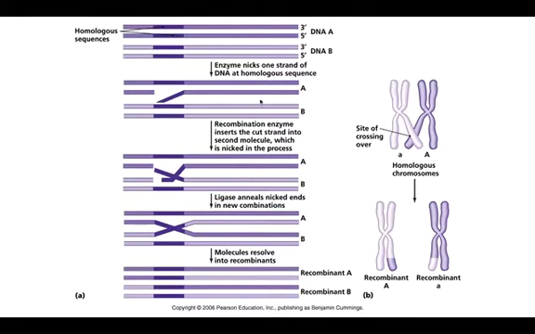And so when we end up with this crossover, an enzyme nicks or cuts open one strand of the DNA, and then recombination allows us to reconnect that DNA, and then a ligase sticks together the loose ends so that where we had this disconnect, we now are connecting it back up.